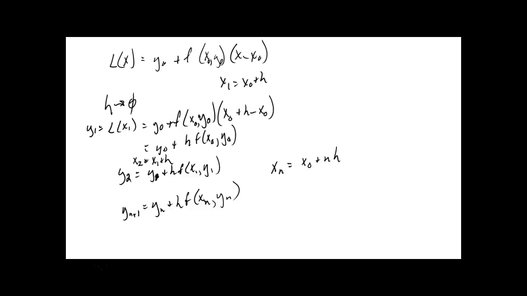So now you've got a new x and a new y, so your y2 is this y1 plus h, whatever the increment was, times f of x1, y1. You increase that to x1, y1, and that gives you a new x2.